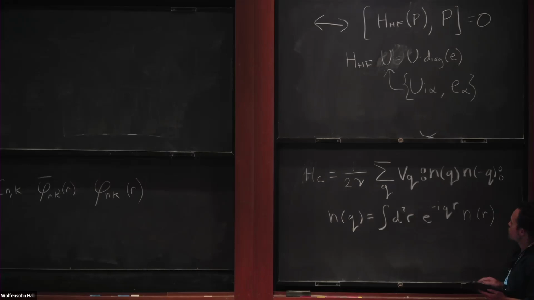And now what I want to do is work out the form of the k-space density operator in terms of the wave functions. And this gives rise to a quantity called the form factor, or maybe you'd call it the vertex.